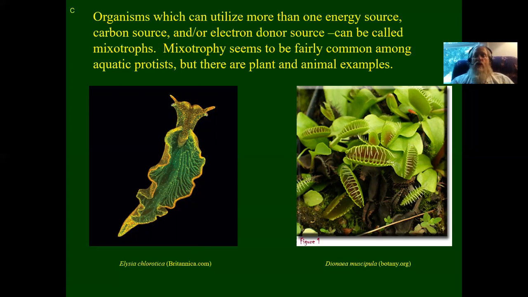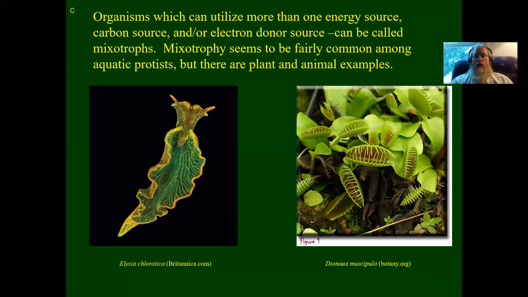And when it eats the algae, instead of digesting the chloroplast immediately, the chloroplasts from the algae it eats are transferred to its own cells, and they continue to photosynthesize for a month or two, and then they need to be replaced. They don't survive very well in the sea slug cells. But this basically gives the sea slug an additional source of energy besides what it eats.